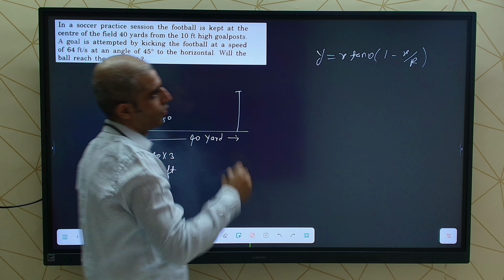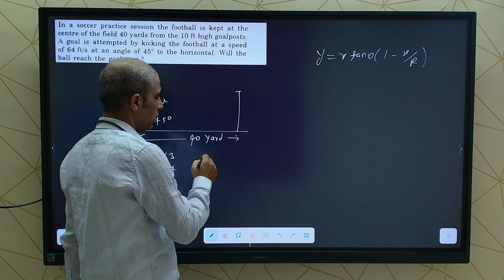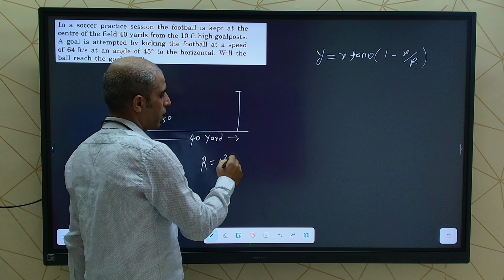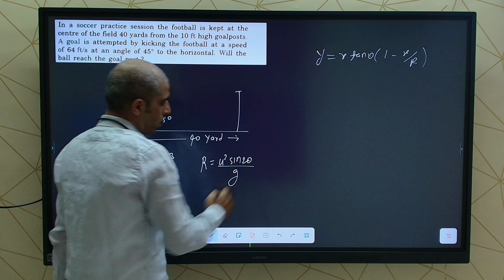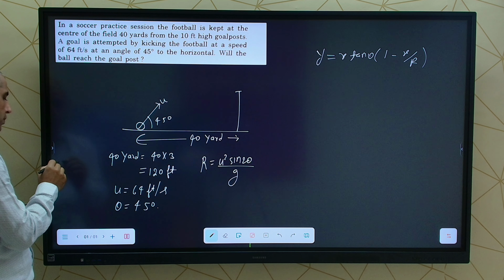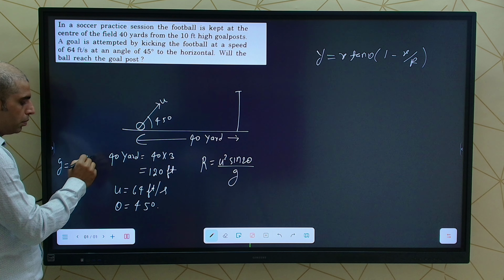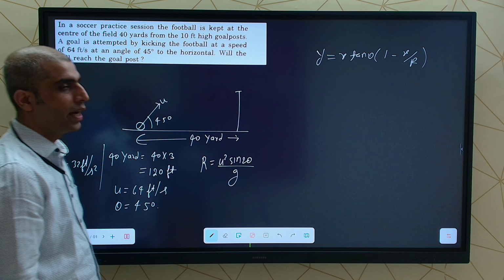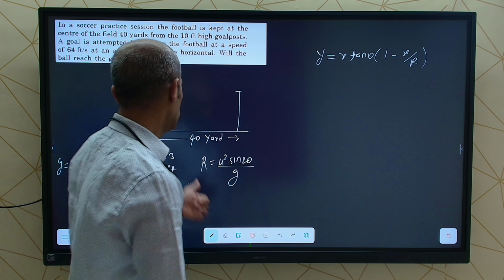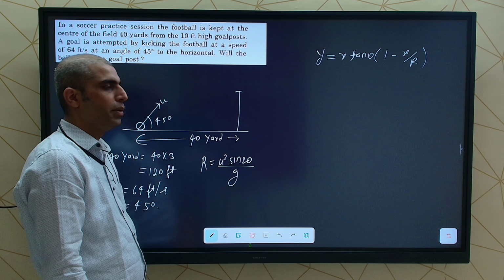So first we have to find the range. What is the value of range in this situation? Range equals u squared sine 2 theta upon g, and g we have to use here as 32 feet per second squared. We don't have to use 9.8 meters per second squared because everything is given in feet per second and feet per second squared.